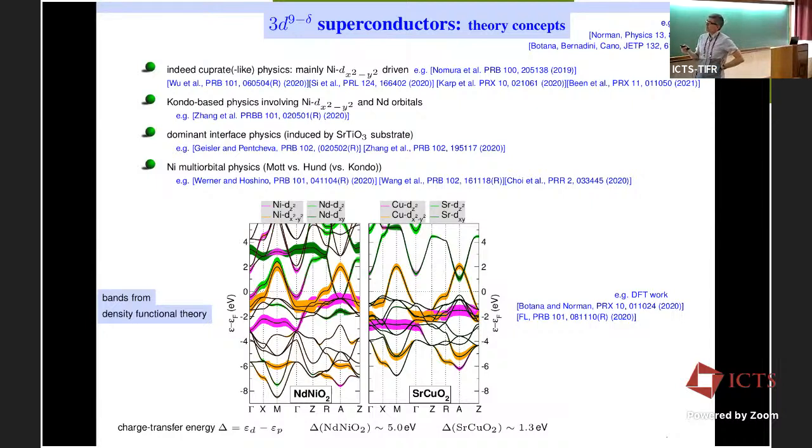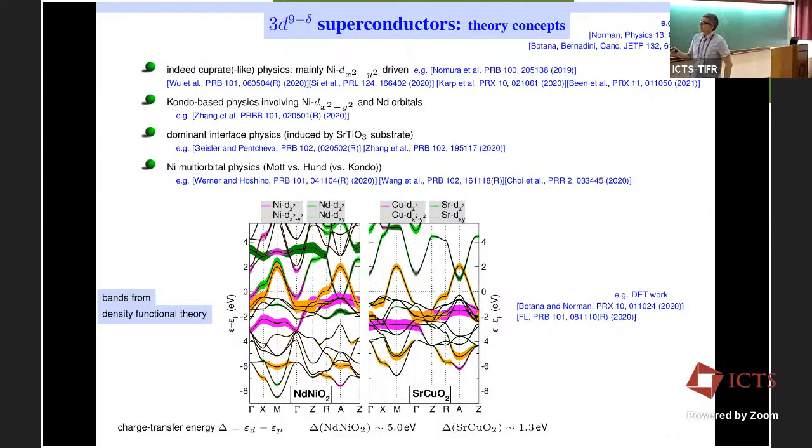But let's first focus on the density functional theory picture, because we know DFT is not perfect, but it's still a well-converged theory and gives us a good starting point, and we should agree on the DFT picture because, as we said, it's more or less well-defined. So if we compare the stoichiometric neodymium nickelate and the corresponding infinite-layer cuprate, which also exists and is also superconducting, then of course we see some clear differences.